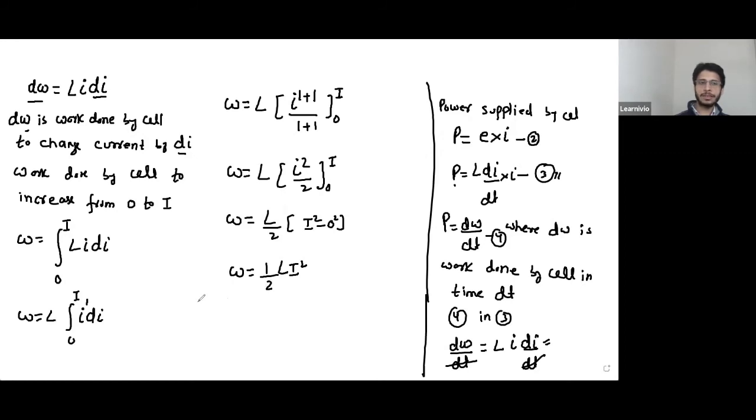Now this work done by the cell, since there is no resistance in the circuit, no part of this work done will be wasted in the form of heat. The whole of work done gets stored in the form of magnetic energy. This work done will get stored in the form of magnetic energy.